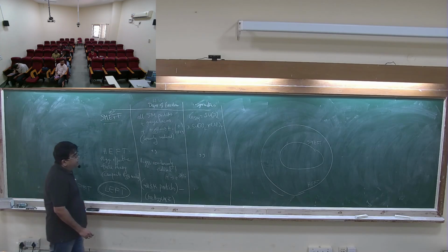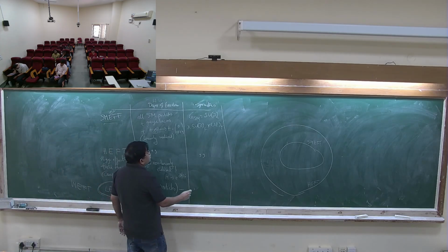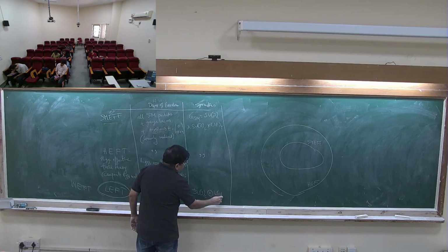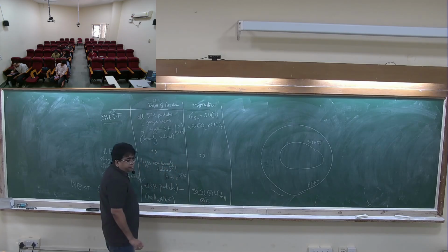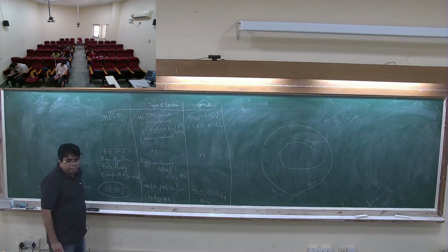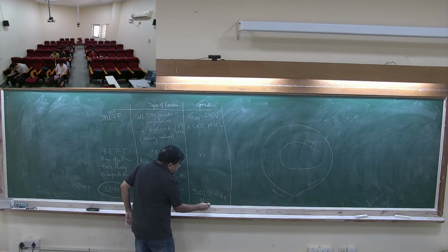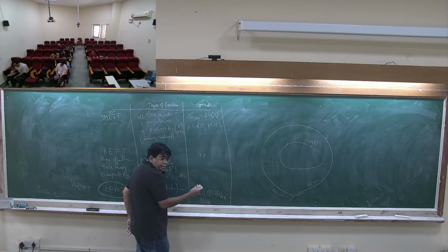Now the theory is here. What are the symmetries here? The symmetries are essentially SU(3) and U(1) electromagnetism, plus G Fermi. But the symmetries are only these two. Fermi theory is not a symmetric thing.